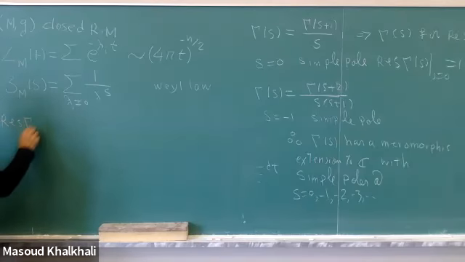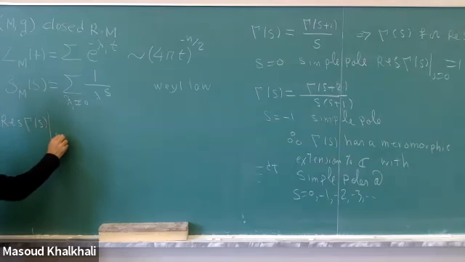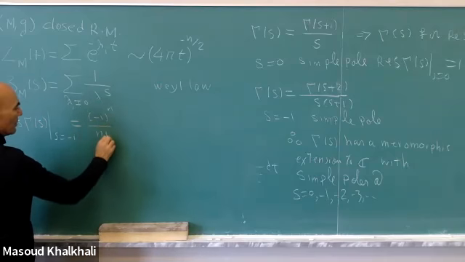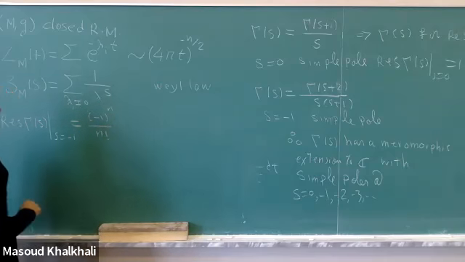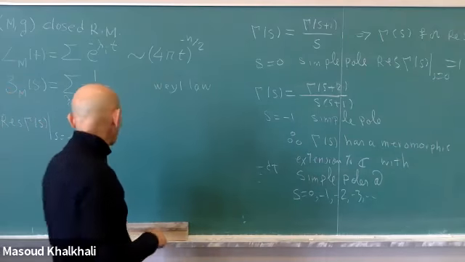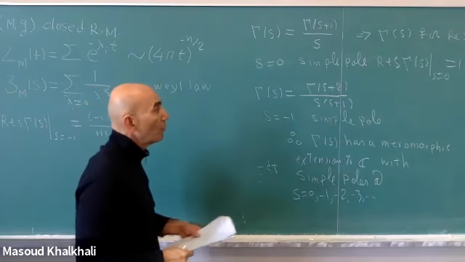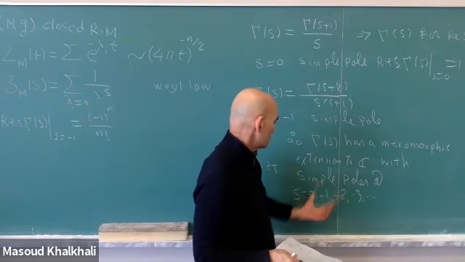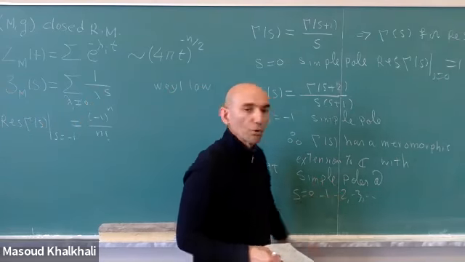Now we can also say that the residue of gamma of s at s equal to minus n is equal to, by a simple computation, minus 1 to the n over n factorial. And the function is holomorphic everywhere else, except at those poles.